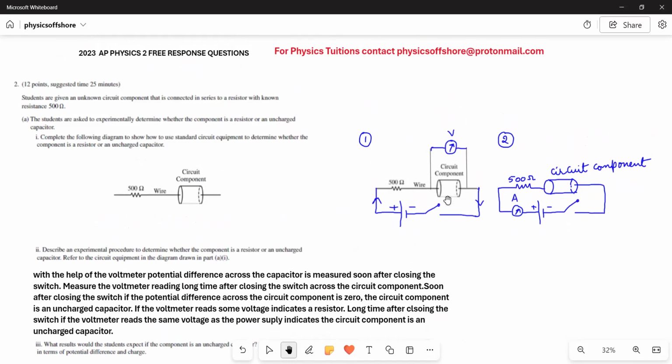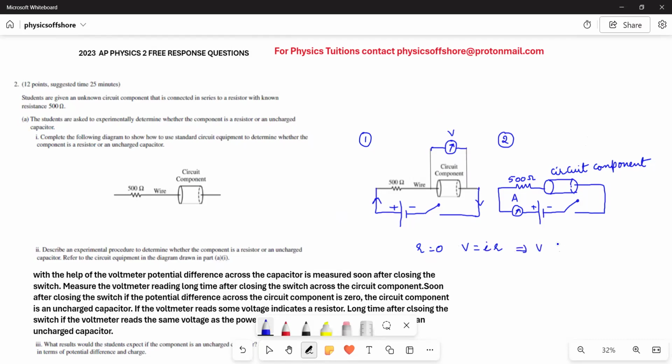In the first case, soon after closing the switch, the voltage will be 0 if the given circuit component is an uncharged capacitor, because for an uncharged capacitor the resistance is equal to 0. Therefore when the resistance is equal to 0, we know V is equal to IR, so V is equal to 0.